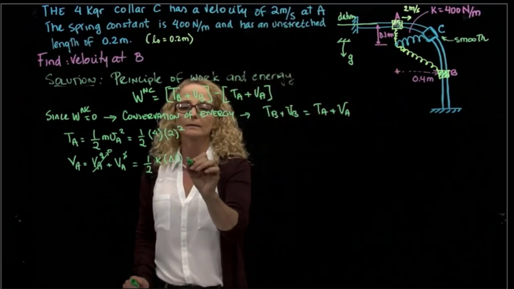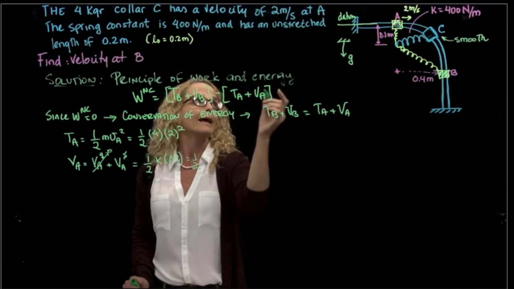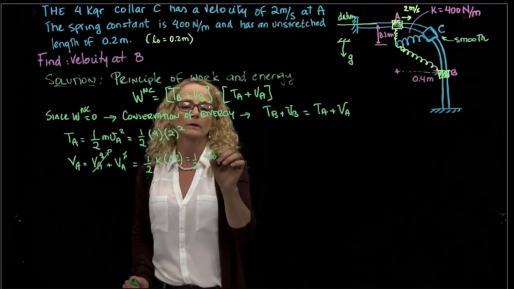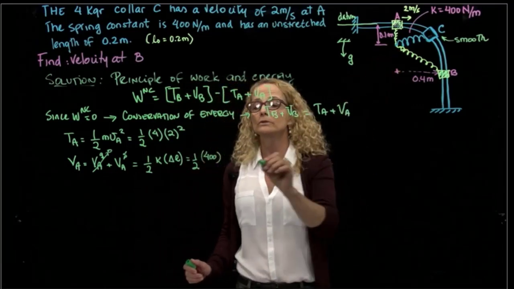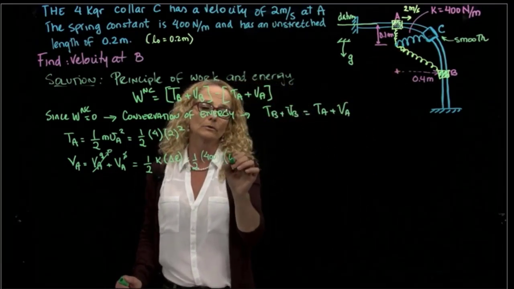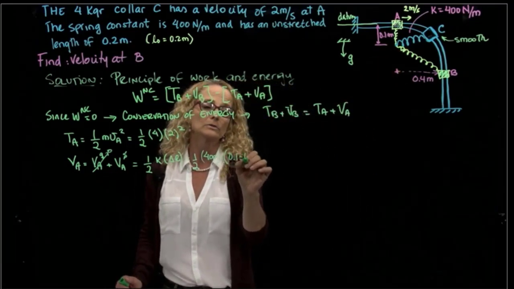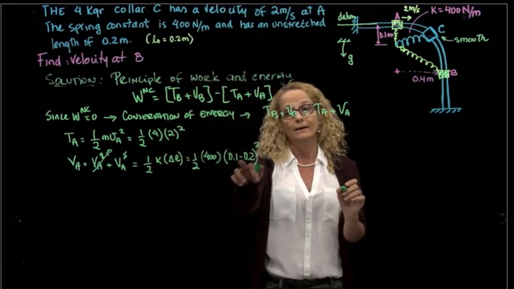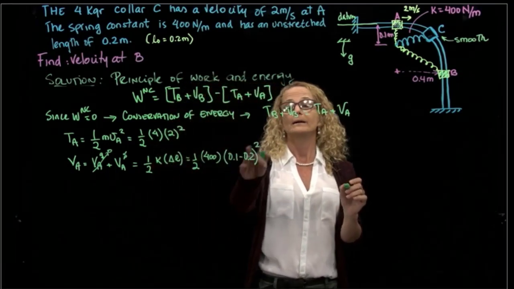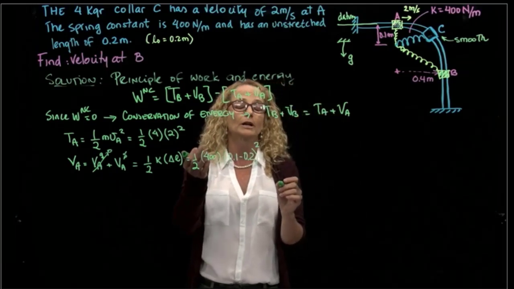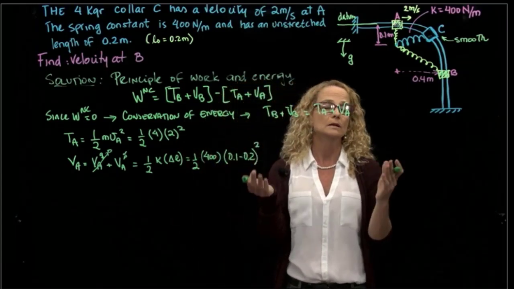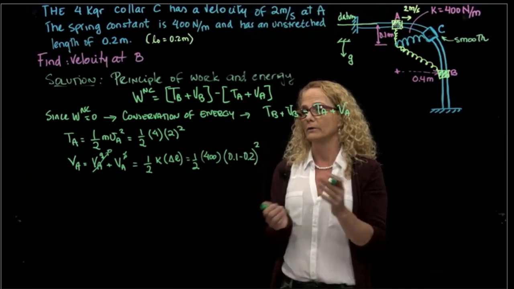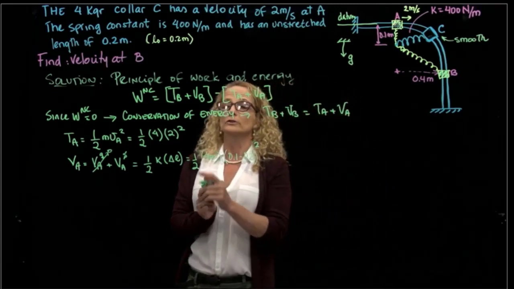So this is 1/2 k, which is 400 newtons per meter, times 0.1 minus 0.2, squared. This will be a negative value, but since it's squared, the potential energy of the spring will always give us a positive value. So those are those two.